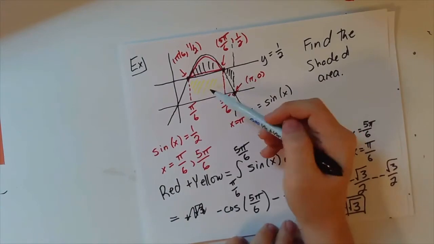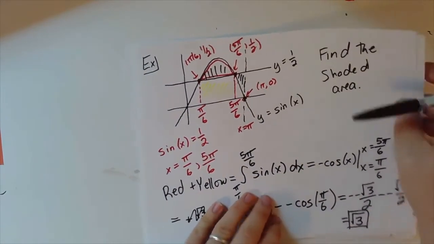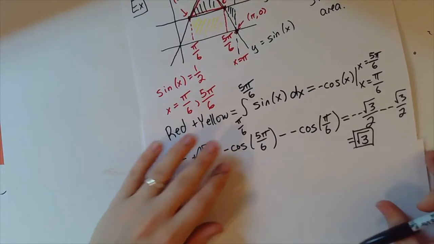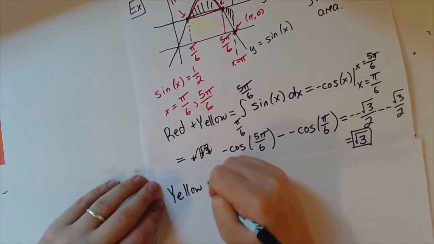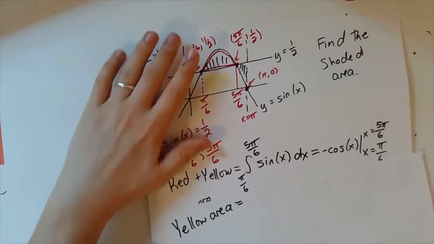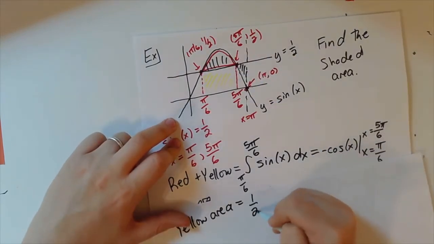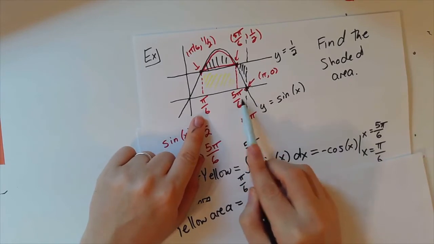Okay. The yellow area, though, is itself a rectangle, so I can figure that out by coming over down here, saying the yellow area is, okay, well, the height of the yellow area is definitely 1/2, so it is 1/2 times, and then the width is the gap between pi over 6 and 5 pi over 6.